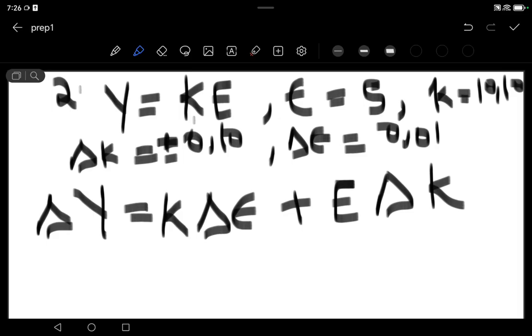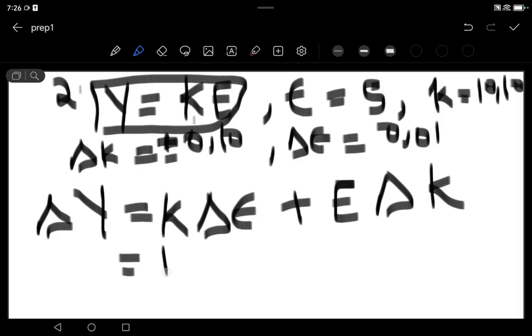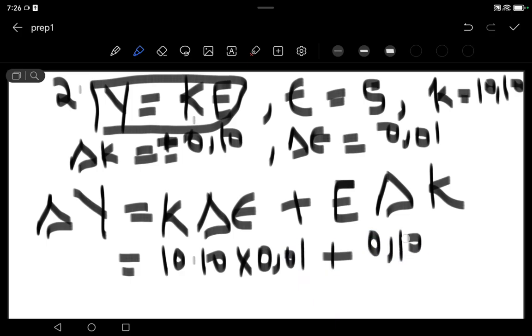Yes, I do. Okay, so this is our equation and then we derivated. Change in Y equals, when we derivate KE with the product rule, we copy and then derivate, and then we add, we copy and then derivate. So we have the value of K, which is 10.10, times the change in E, which is 0.01, plus E times the change in K, 0.10.